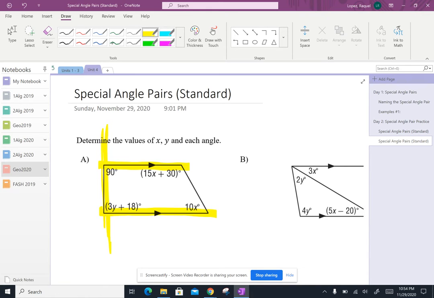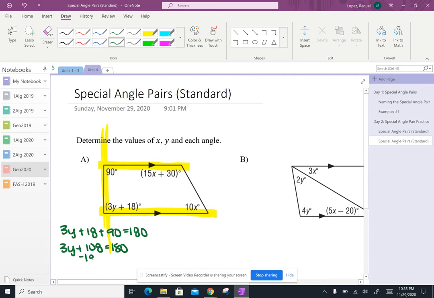Now, same side interior angles are supplementary. So if they're supplementary, that means when I add them together, they're going to give me 180 degrees, and that's how I'm going to solve for y. So I've set up my equation, and the next thing I want to do is solve for y. I've got 3y, and I'm going to combine the 18 and the 90 to give me 108 equals 180.